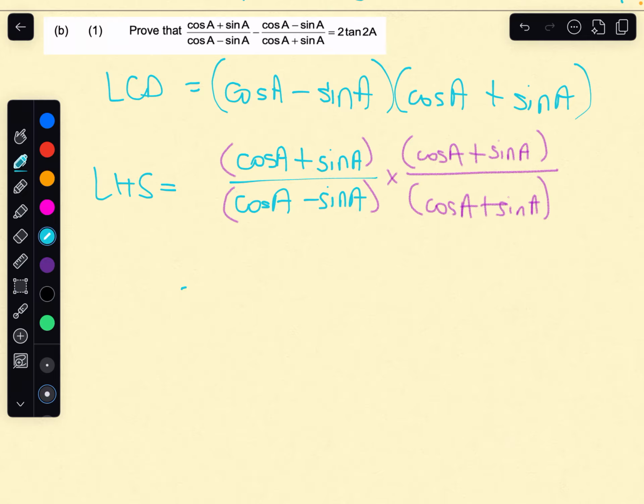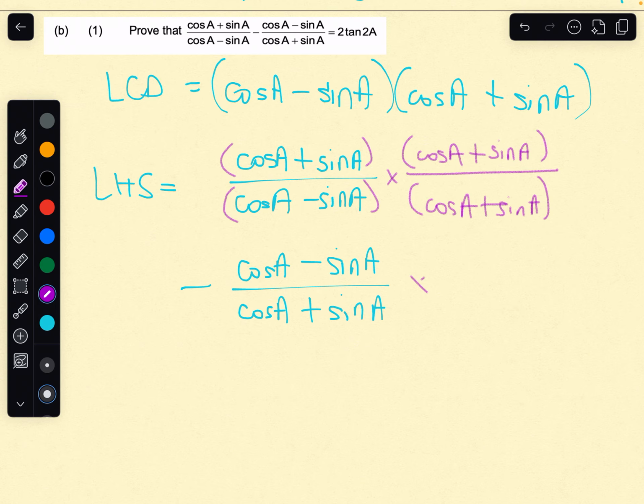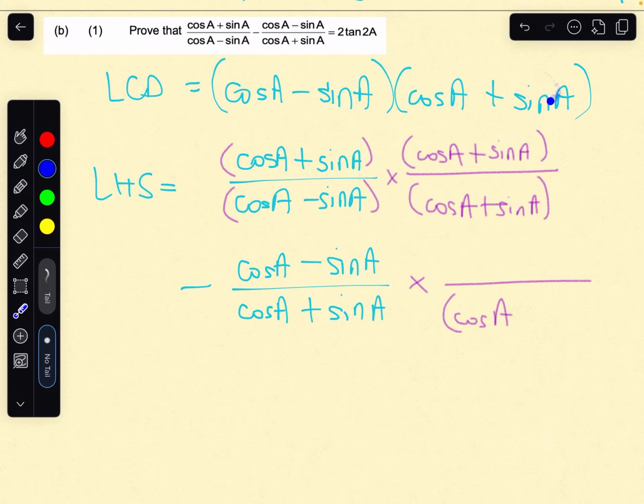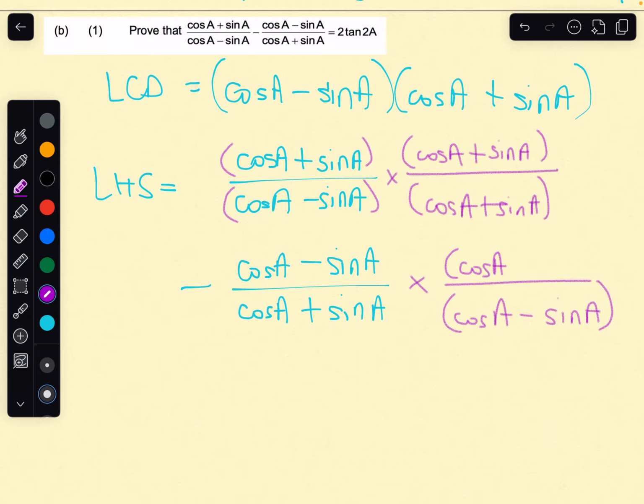Then the next term is cos A minus sin A divided by cos A plus sin A, and in order to make that have the same denominator, we're going to need to times it by cos A minus sin A, and then do the same at the top.